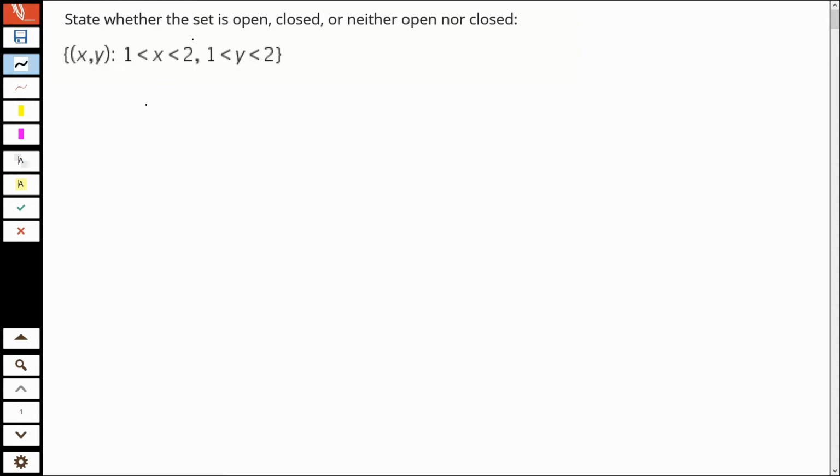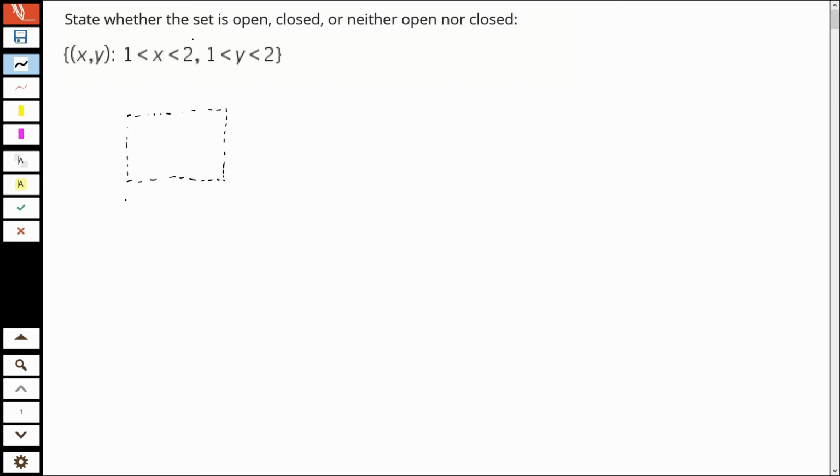Let's start. It says state whether the set is open, closed, or neither open nor closed. There is a possibility where it could be both, but it looks like we're not considering those. So what does this look like? This is going to be a square.